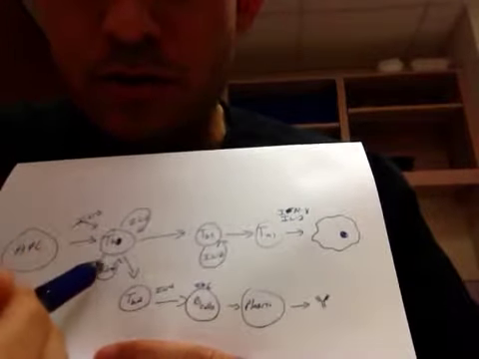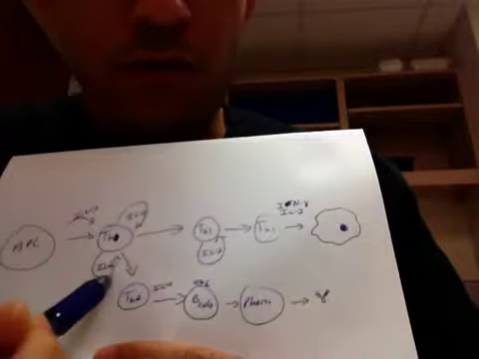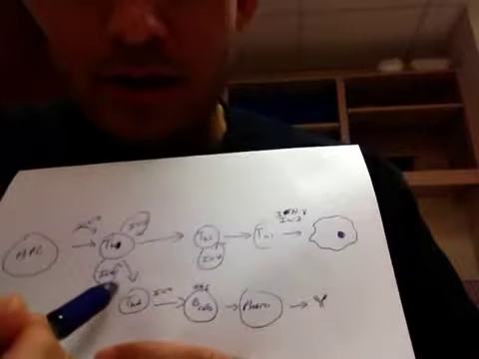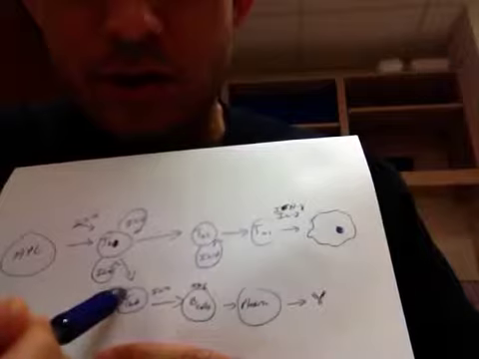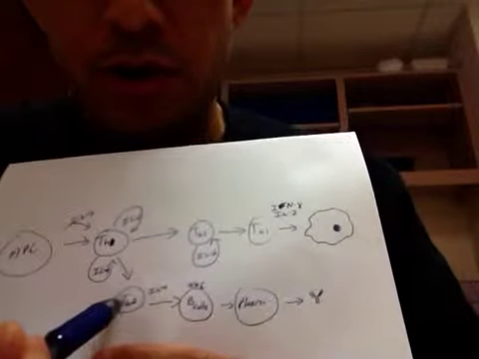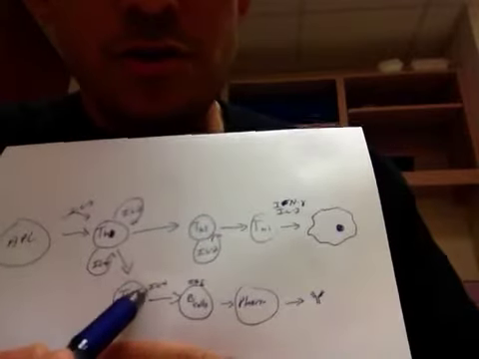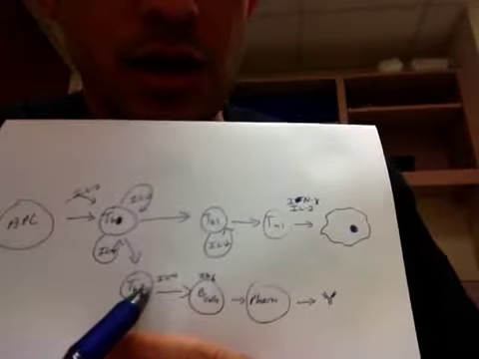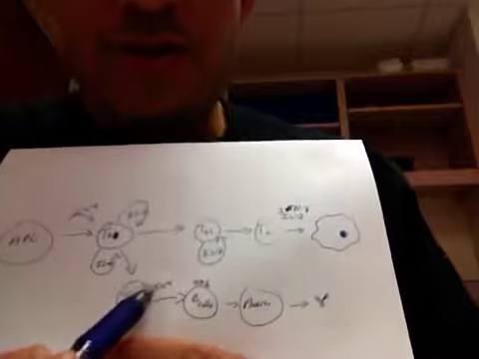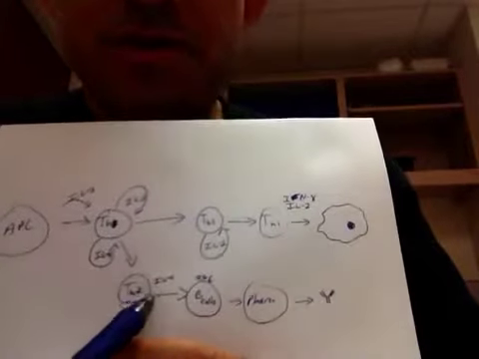Also, type 0 produces interleukin 4, which helps promote and activate type 2 T helper cells, which also produce interleukin 2, interleukin 4, and interleukin 5.